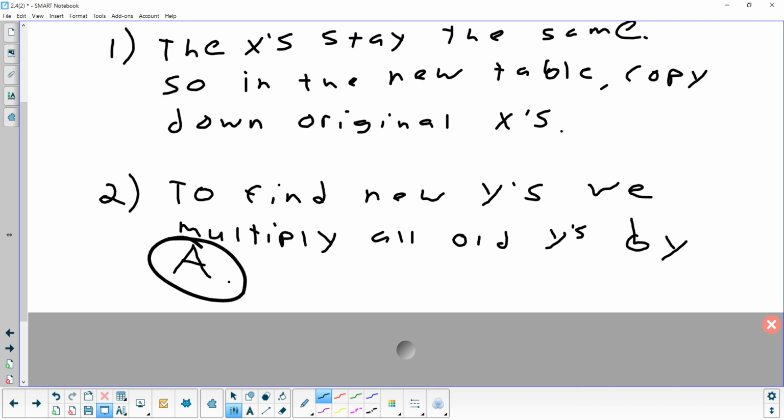If the number in front is a negative number, use the negative, because the negative has an effect on the graph. The only time you take the absolute value of a is if I ask you the question, what is the amplitude of this graph? Don't ever give me a negative answer for that. Okay.